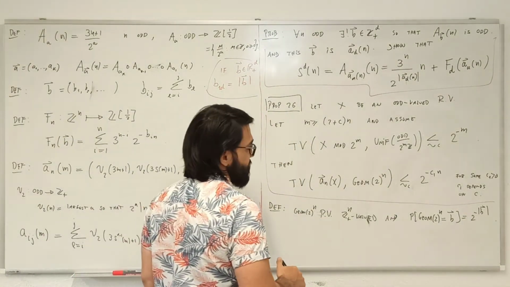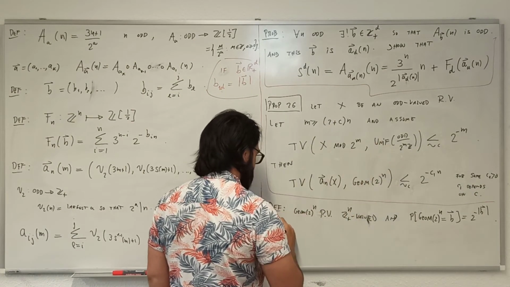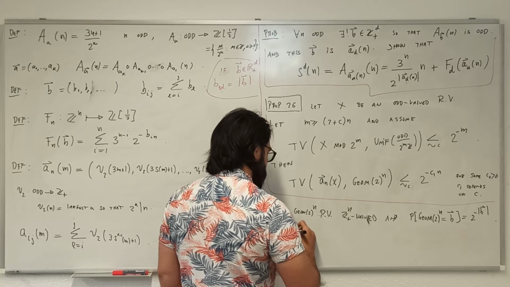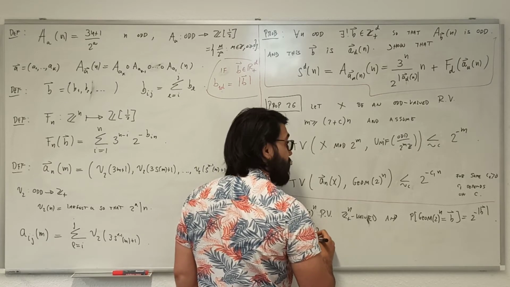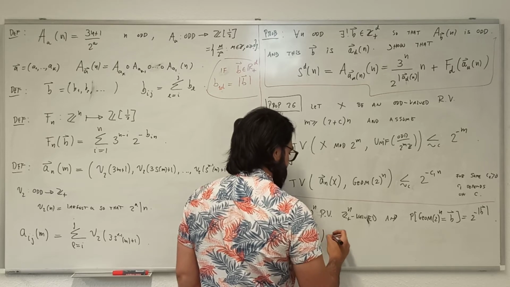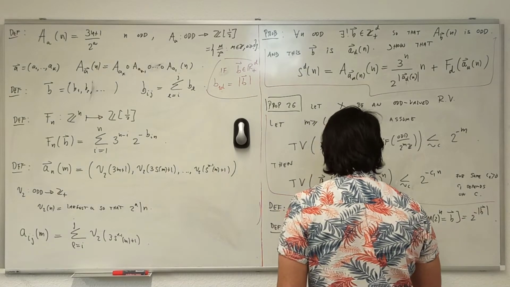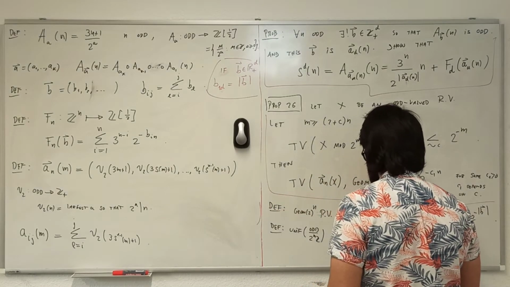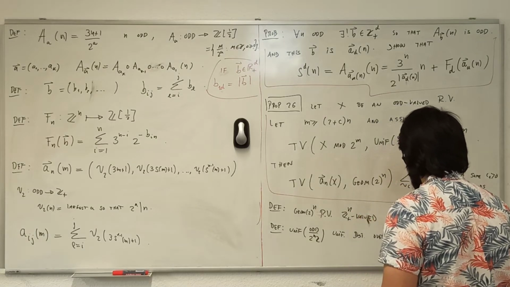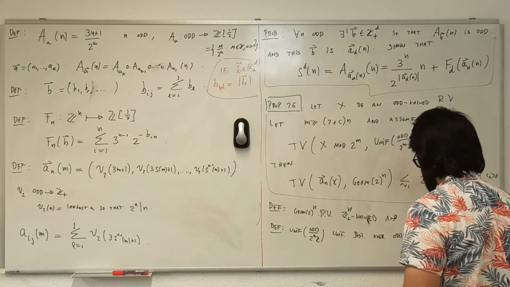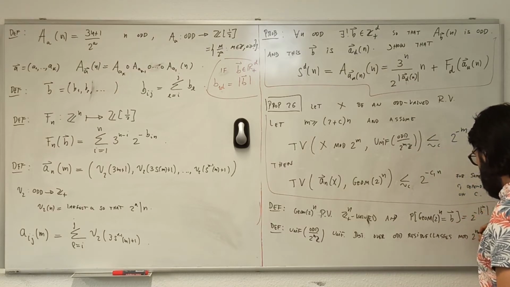Okay, and what is unif? Well, this is basically obvious. This unif is just a uniform distribution over the odd residue classes mod 2m.